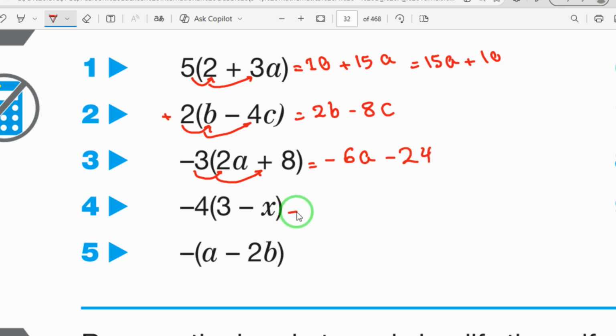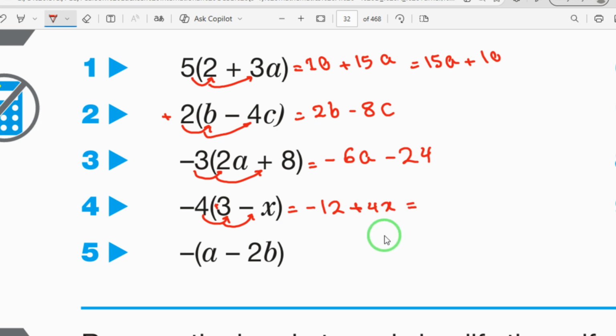Question number 4, minus multiplied by positive. Here the sign is negative. 4 times 3 is 12. Right here 12. Negative multiplied by negative gives us positive. We write here positive or plus. 4 times x is 4x. Here we write 4x.